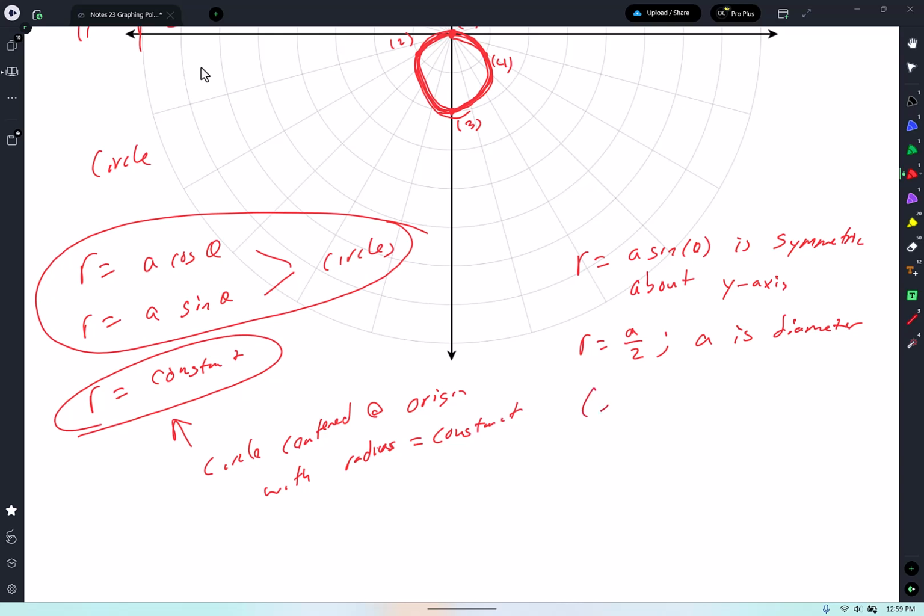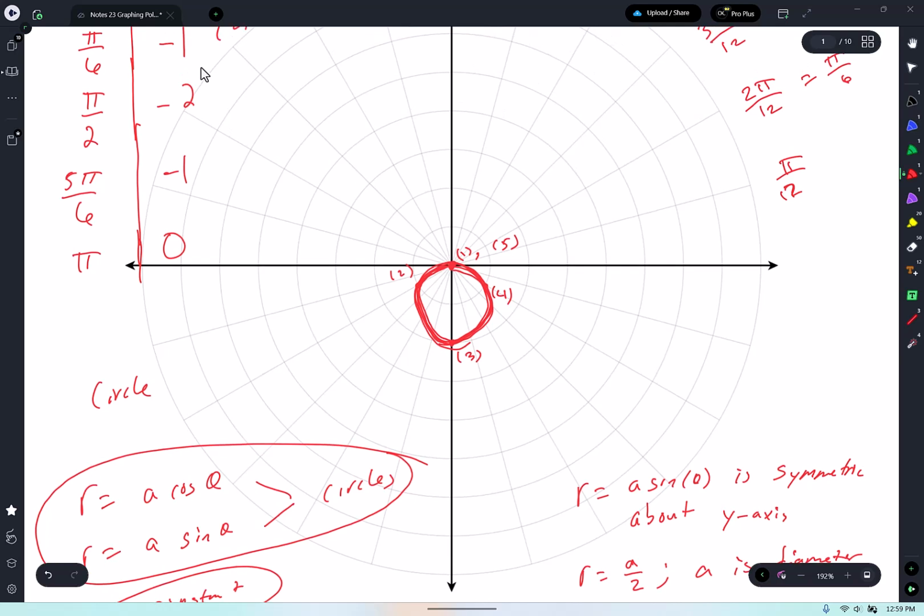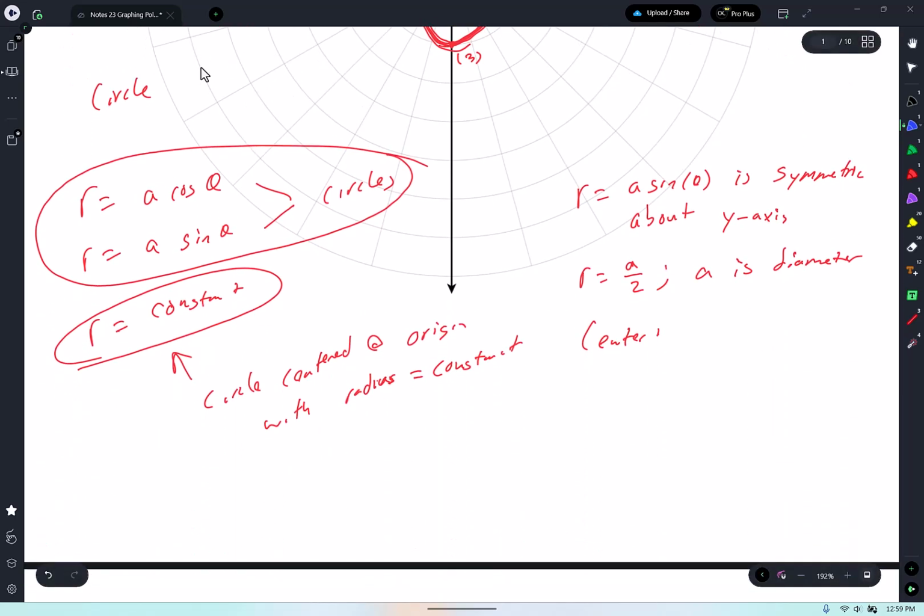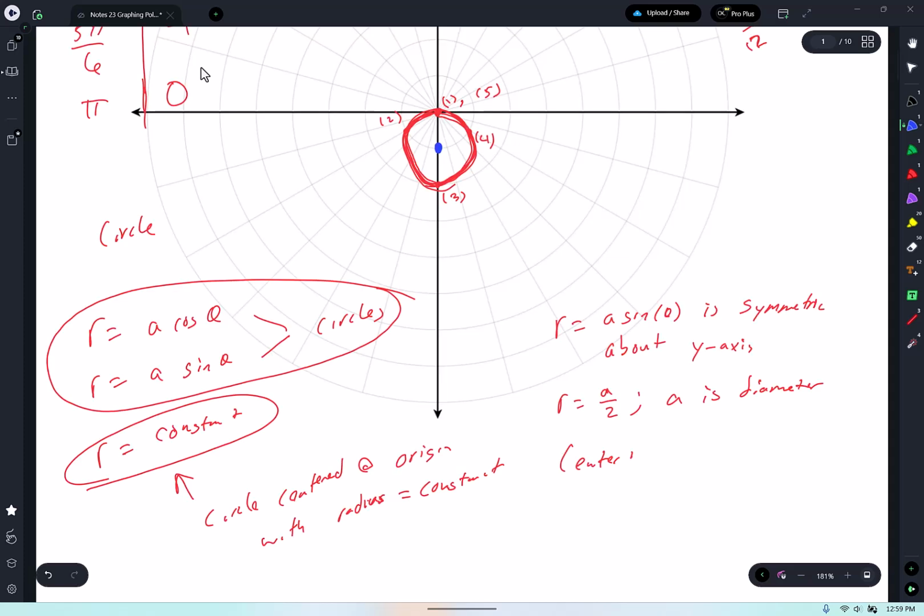And then the center. So look at this, guys. Where's the center on this circle? That blue dot. So where is the center in Cartesian coordinates? If it's a sine, I'm going to write center.